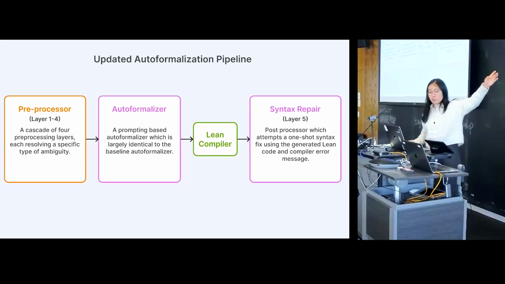Following this autoformalization, we include a syntax repair layer after the compiler output. It takes in both the error message and the generated Lean code to attempt one try at repairing the errored code.